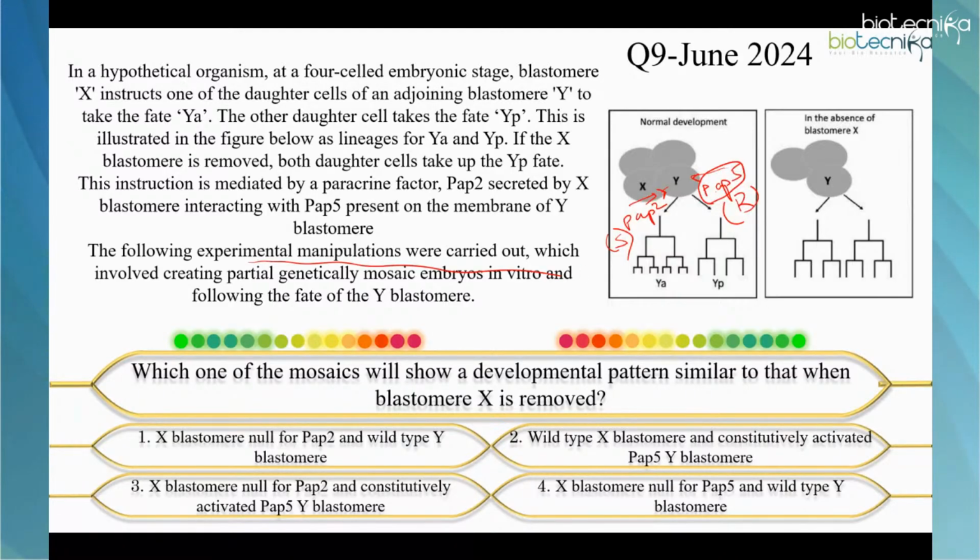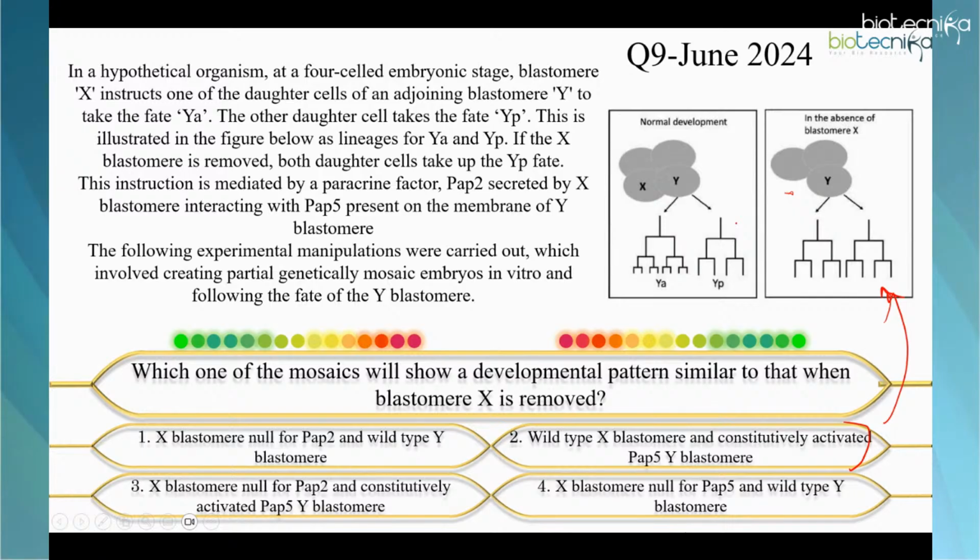The following experimental manipulations were carried out, which involved creating partially genetically mosaic embryos in vitro and following the fate of Y blastomere. Your question is which one of the mosaic will show a developmental pattern similar to that when X blastomere is removed. So each of this is one mosaic, and you have to answer which out of this will give a pattern same as this experiment where the X has been removed.